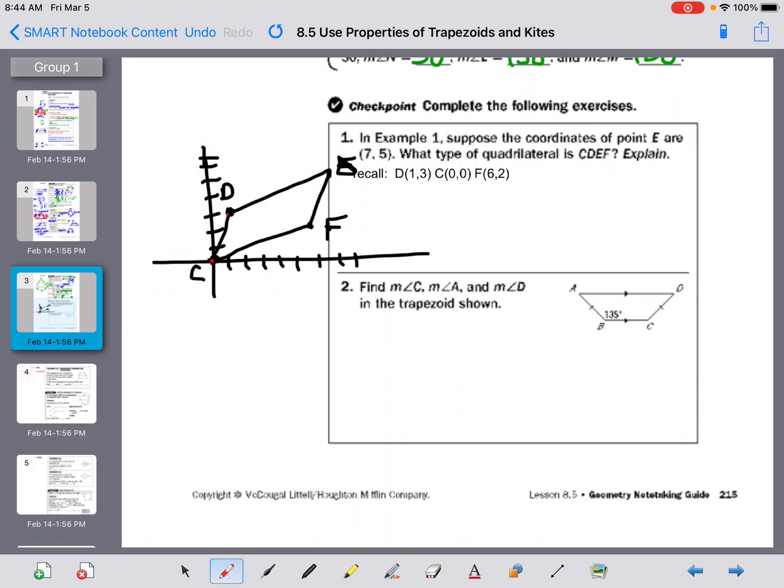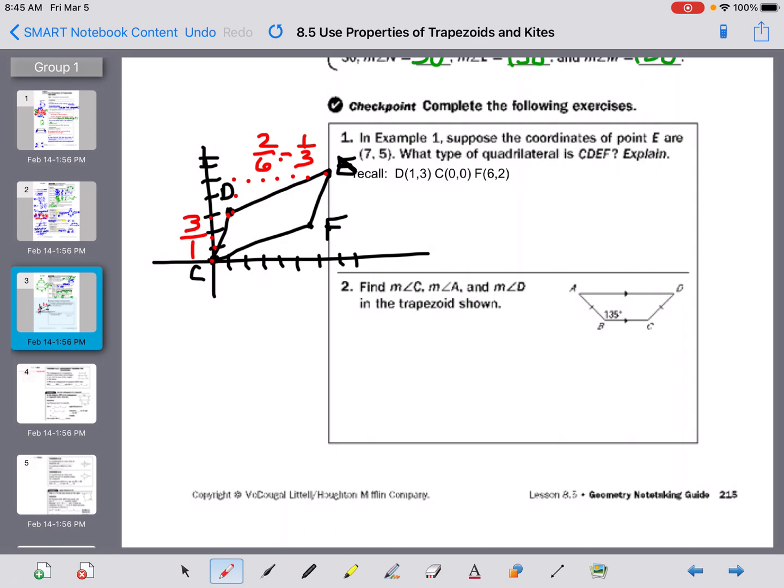Okay, so from C to D, I'm going to count up 1, 2, 3 to the right 1. So up 3, right 1. That's my slope. From D to E, I'm going to count up 1, 2, and go over 1, 2, 3, 4, 5, 6. I think I'm over 6. Does that sound right? So up 2 over 6, which reduces to 1/3.